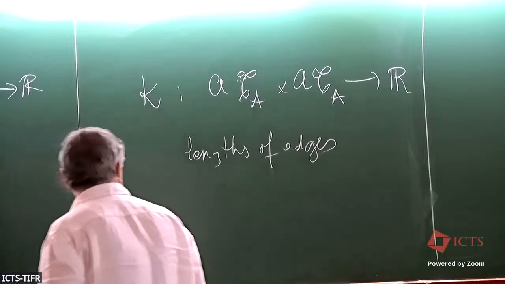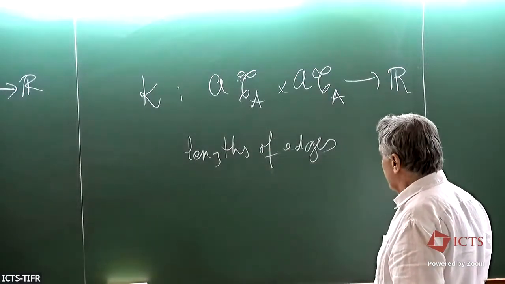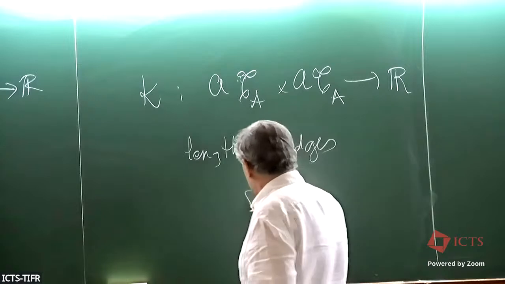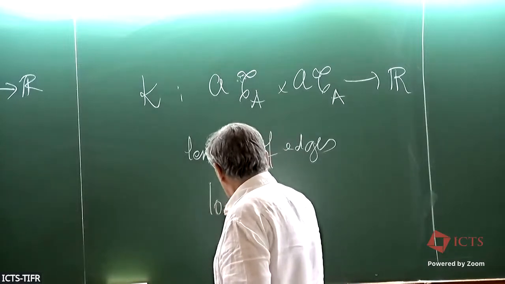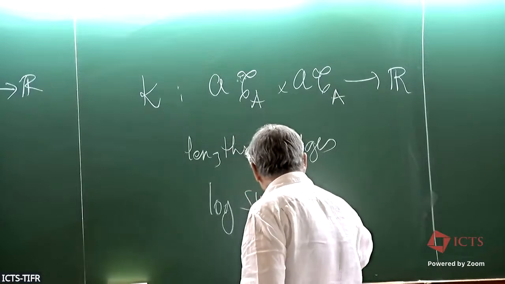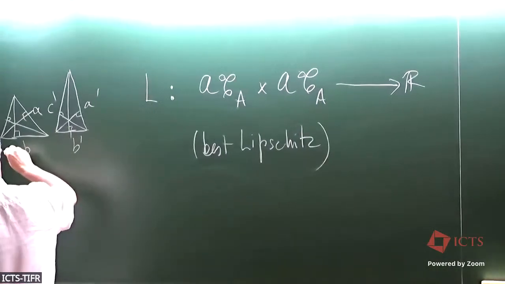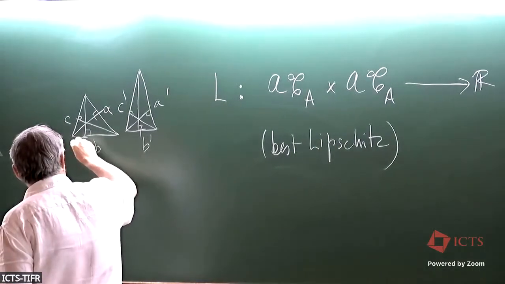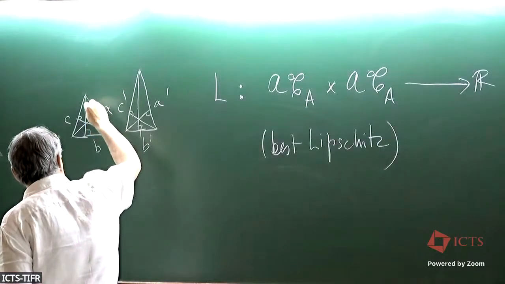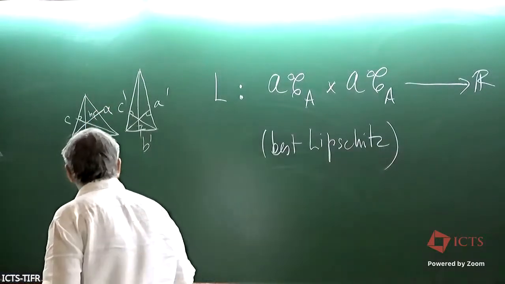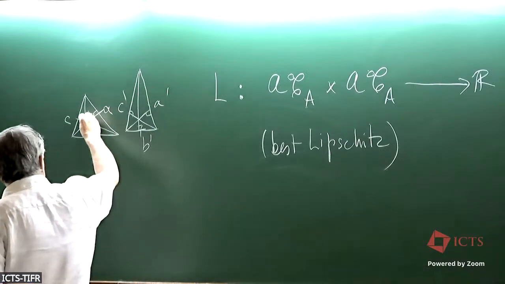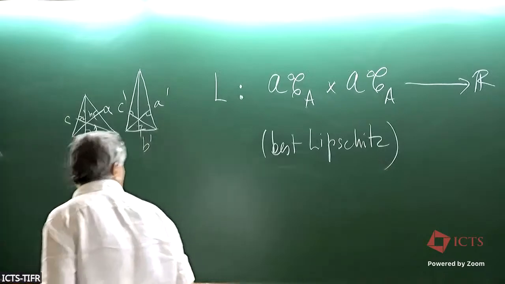And then, so this is, well, the log of the supremum of the... so if the lengths are A, B, C, and A prime, B prime, C prime, and then the altitudes H, I, J, and so on.